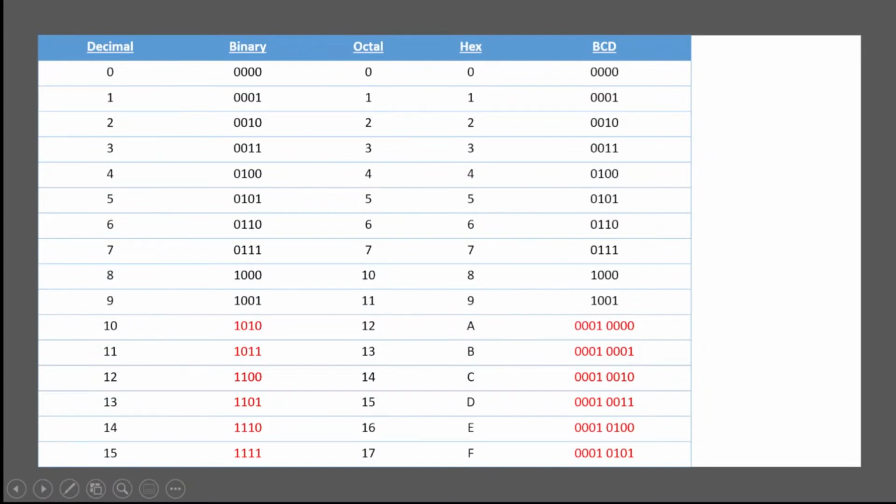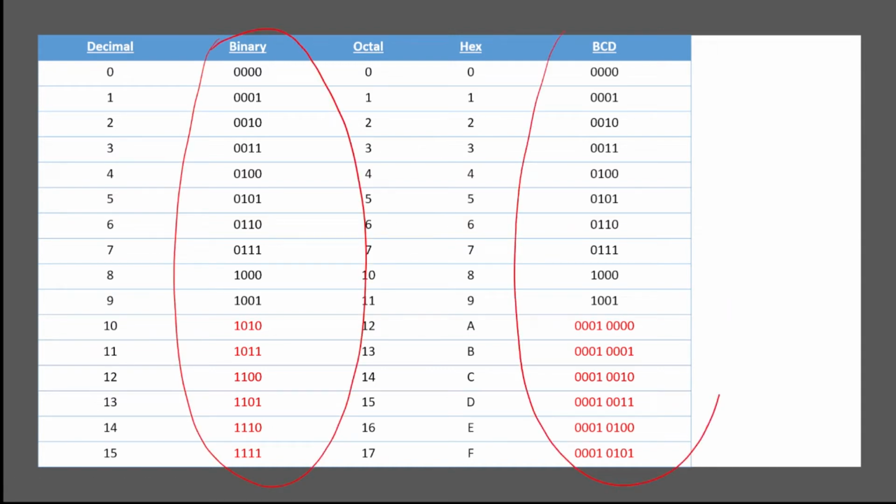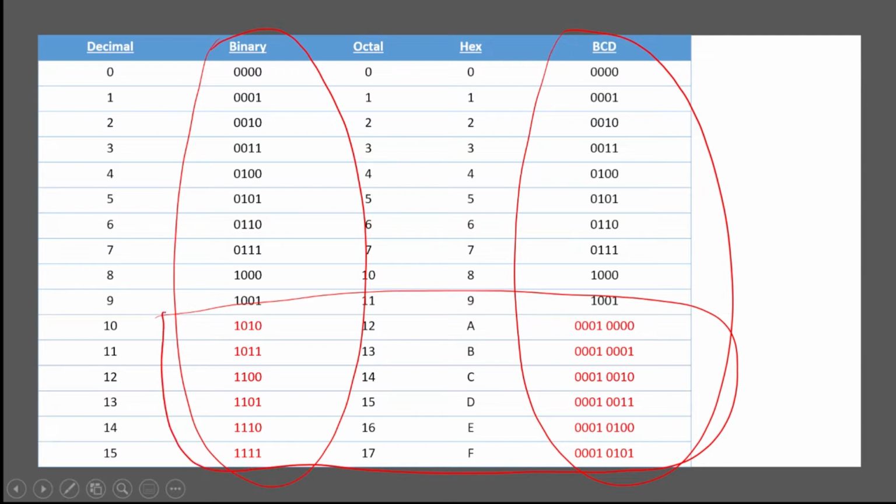Here, you can see some BCD codes for common decimal numbers from 1 to 15. Look at the number in binary form and also the BCD code. Look at the difference. The one in red here, you can see in binary, number 10, for example, we represent as 1010.